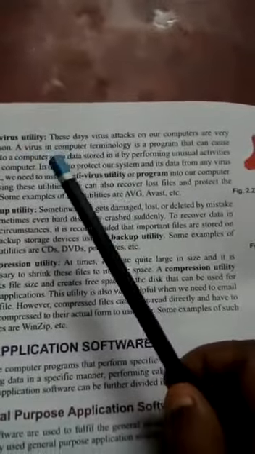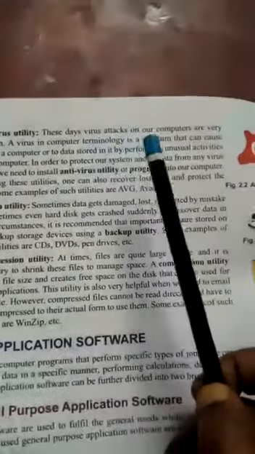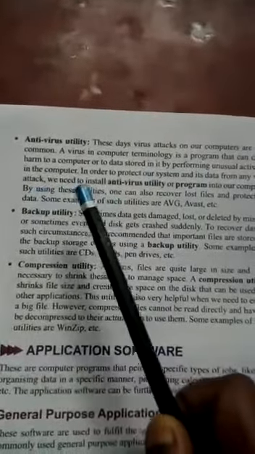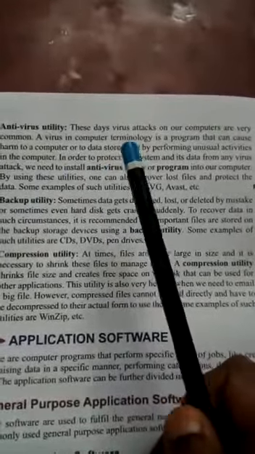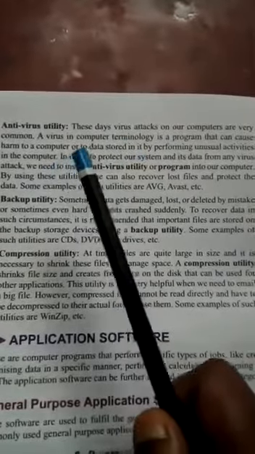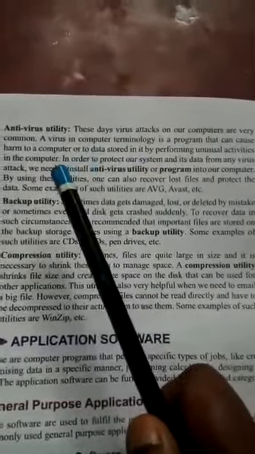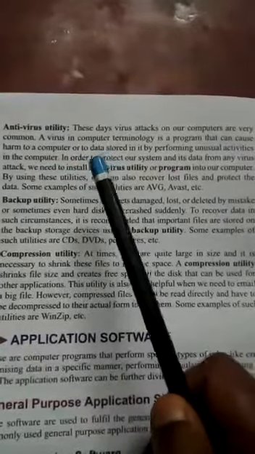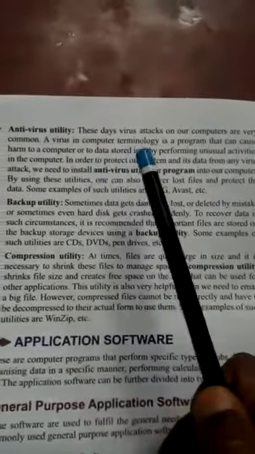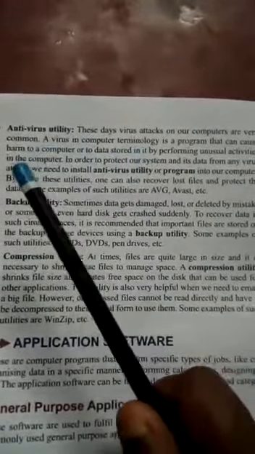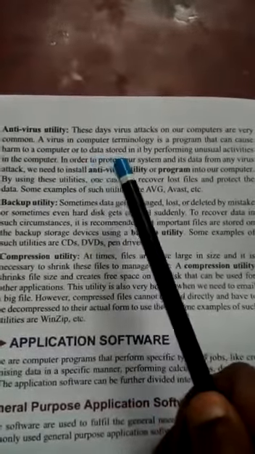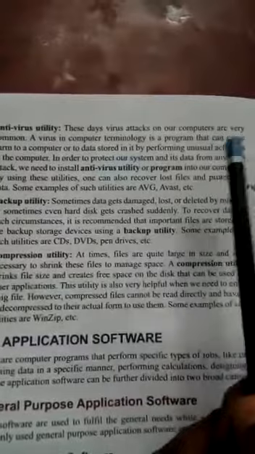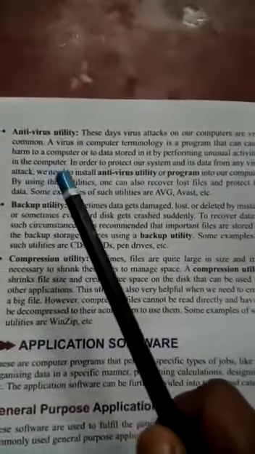A virus in computer terminology is a program that can cause harm to a computer or data. If a virus attacks a computer, it may delete all the data, some important files can be lost, and it will harm the data storage also.